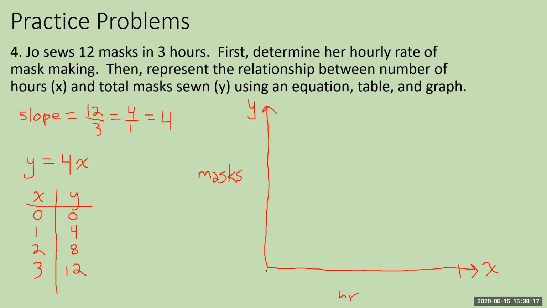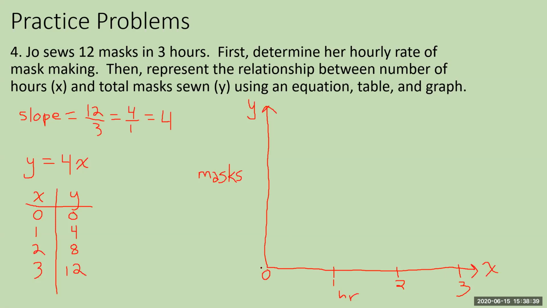All right, and then I'm just going to use my table as a guide here. So my hours are starting at 0 and they're going up to 3. So in between there, I've got 1, 2. Notice that my intervals here are evenly spaced. So each time I go up by an hour, it's the same amount of space each time, roughly.